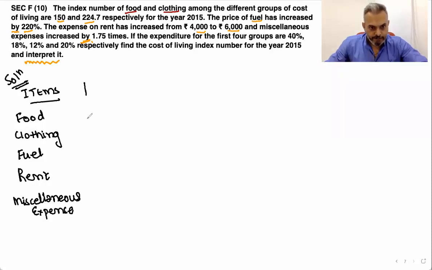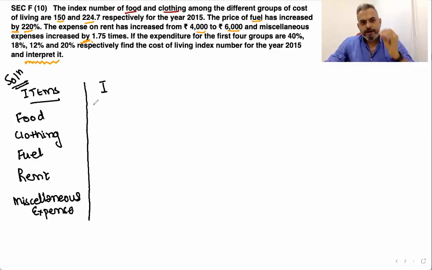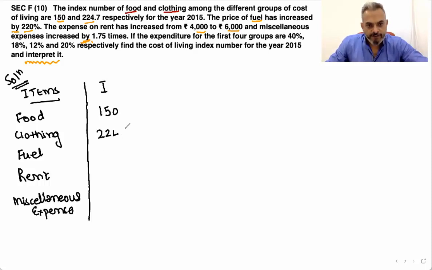Let me draw a line. Okay, index I. Now for food and clothing, the index number is directly given. So we directly write 150 and clothing is 224.7. The price of fuel has increased by 220.